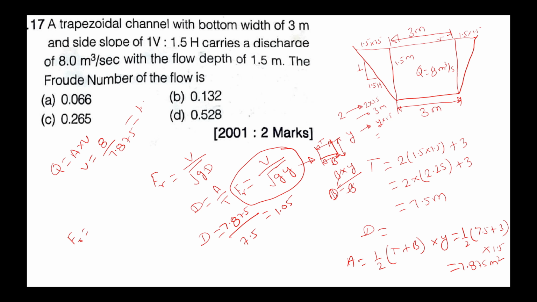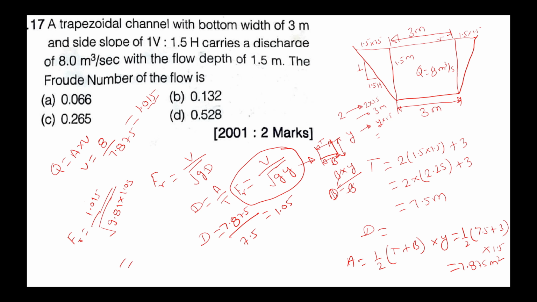Let me calculate. Let me check again. 8 divided by 7.875. Yeah, exactly 1.0158 it is coming, but we'll consider up to 3 digits after the decimal. So your velocity 1.015 divided by under root 9.81 into 1.05.